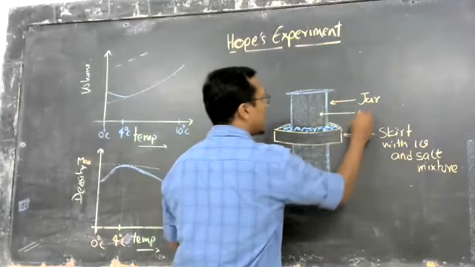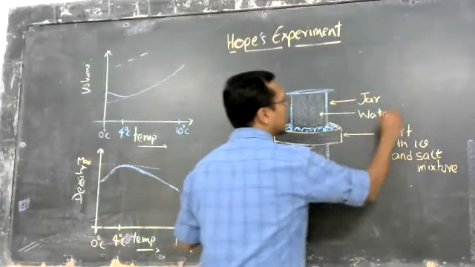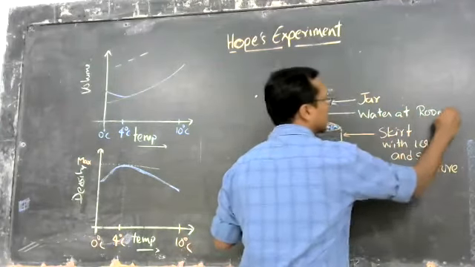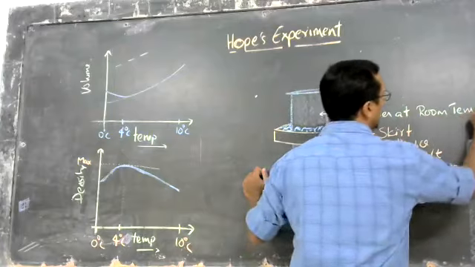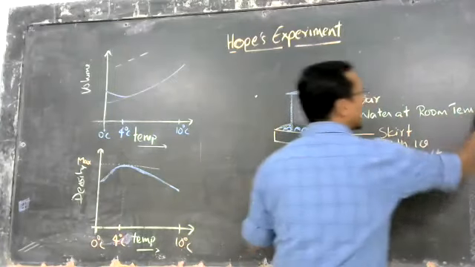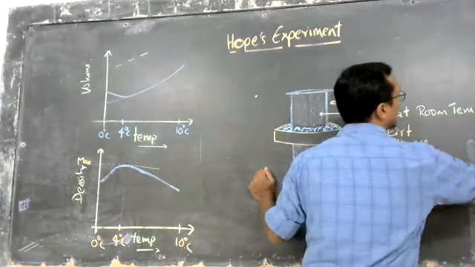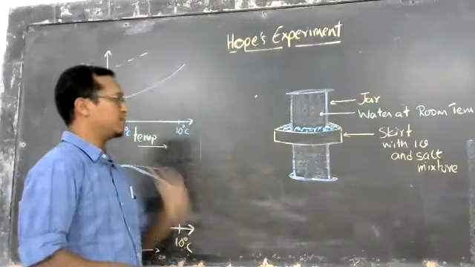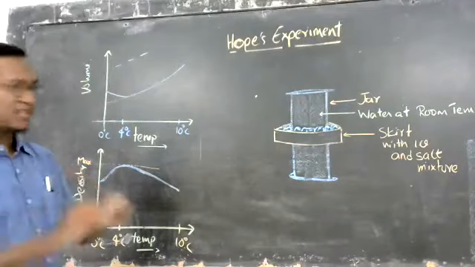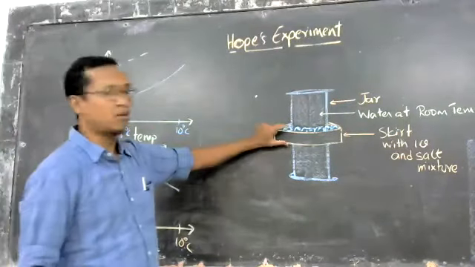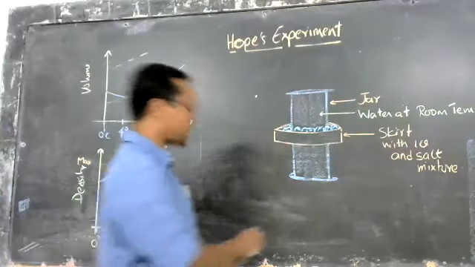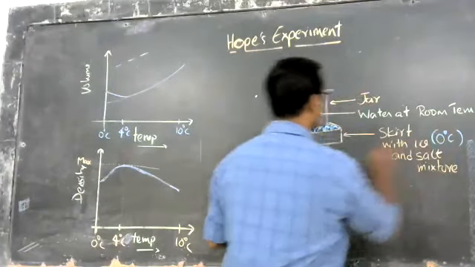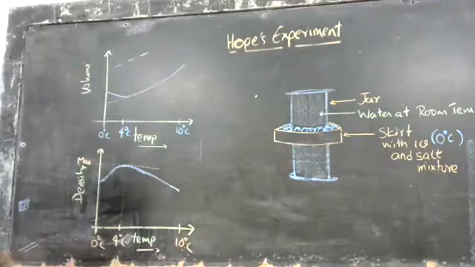So here you have water at room temperature, they say, and then somewhat paradoxically stated as 12 degrees Celsius. Room temperature is more like 25 degrees Celsius, but they are calling it 12 degrees Celsius. But basically, it's above the temperature of the ice that you have over here. Ice, of course, is going to be at 0 degrees Celsius. So this part is at 0 degrees Celsius.